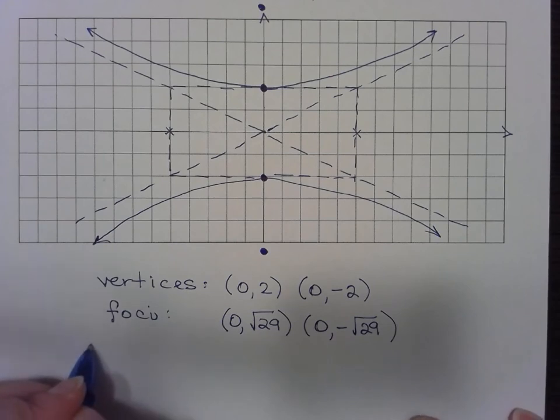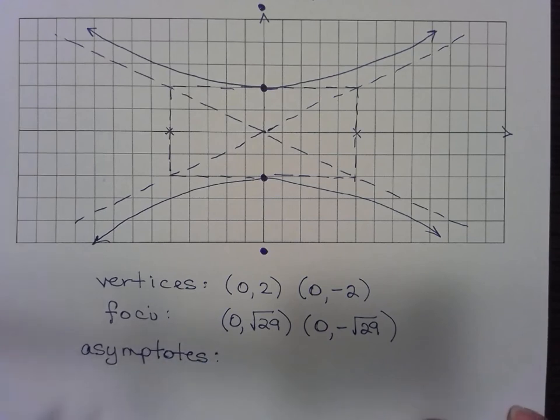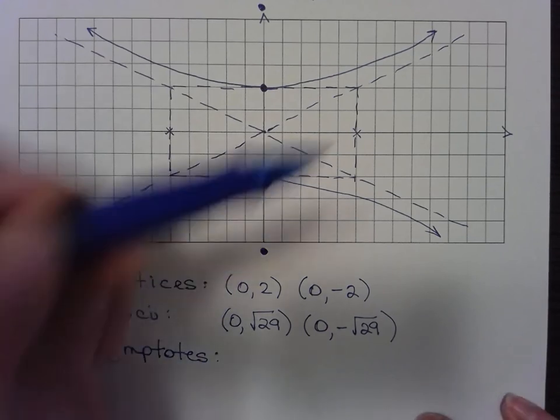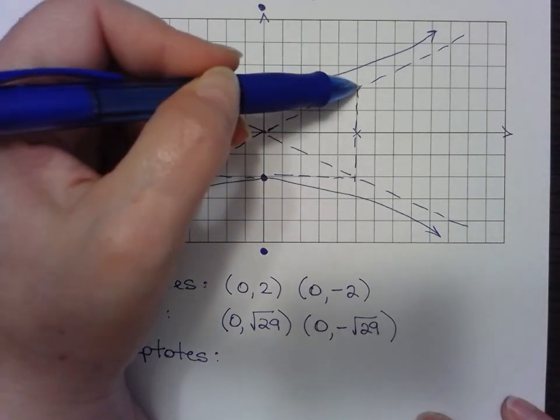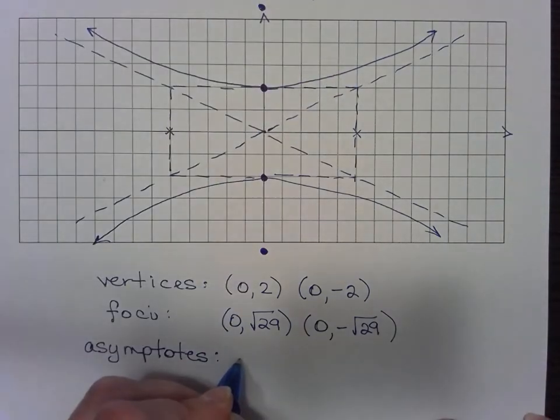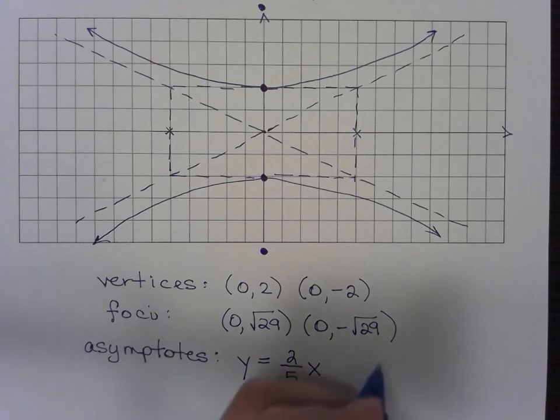And then the asymptotes, again, we want to measure the rise over the run. So we're rising 2 and running 5. So we've got y equals 2 over 5x, and y equals negative 2 over 5x.